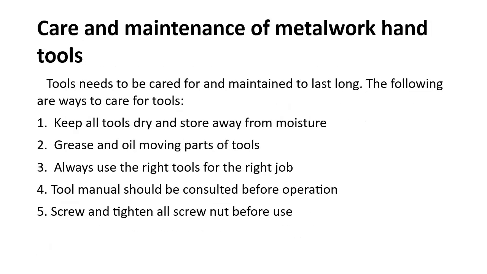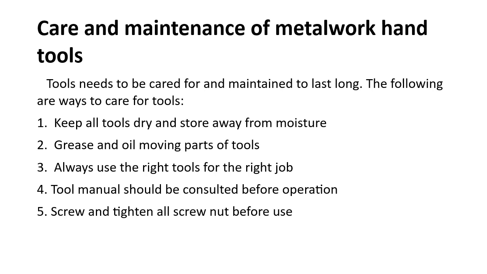Having seen the classification of metalwork hand tools, let's now look at the care and maintenance of metalwork hand tools. Tools need to be cared for and maintained to last long. The following are ways to care for tools in metalwork. 1.